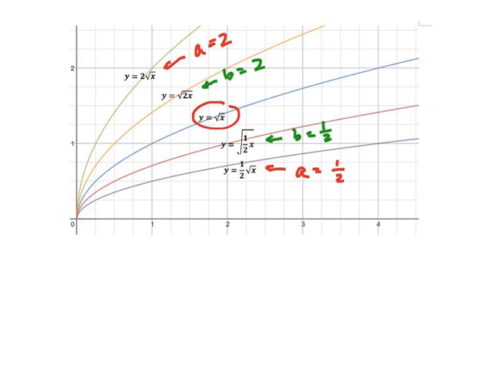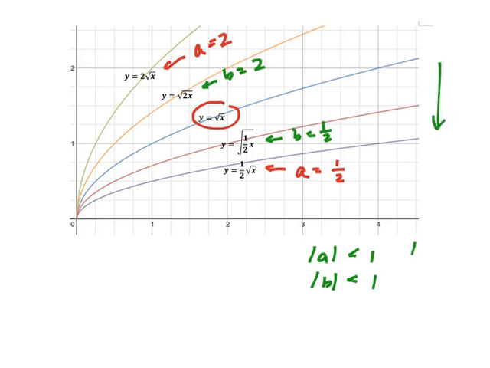As you can see, it does not matter whether there is a change in a or b. If the absolute value of a or the absolute value of b is less than 1, it's going to be below the parent function.